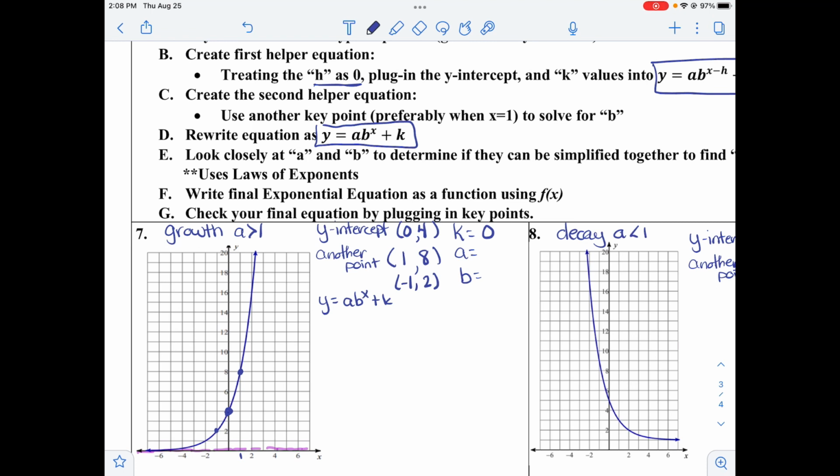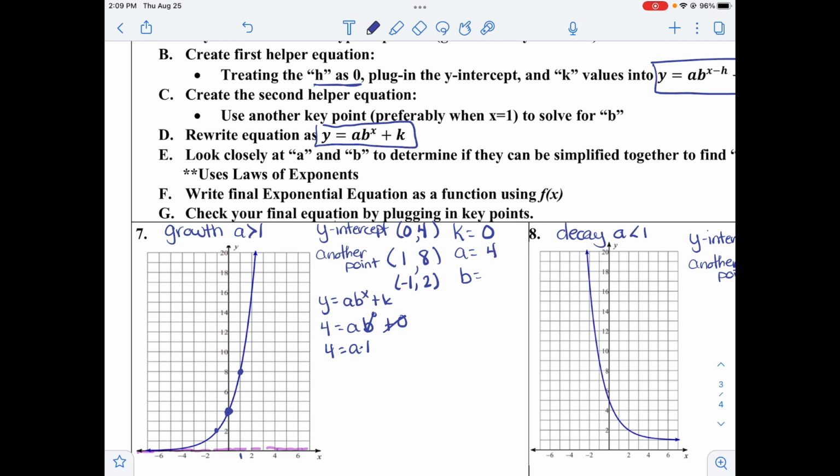So we have when y is 4, we don't know a yet, but b, we don't know, would be raised to the 0, and then we know that our k is 0. Well, the 0 doesn't really matter. We can get that away. And anytime we raise any number to the power of 0, it is worth 1. So we end up with 4 equals a times 1, which gives us a equals 4. Well, we already kind of knew that.